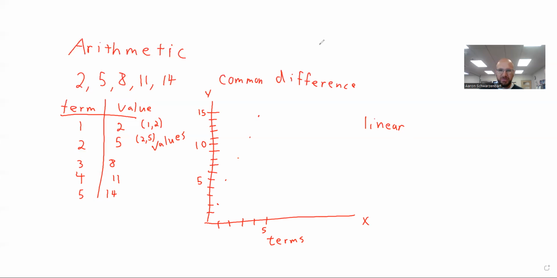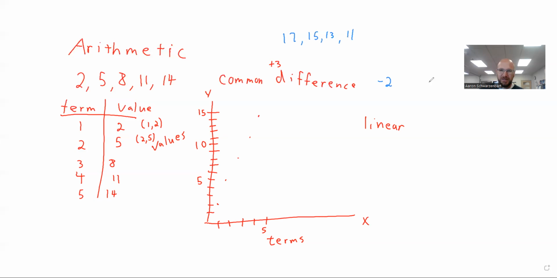I'm going to do another one here in blue. So my common difference for this one is -2. My common difference on my first one was +3.